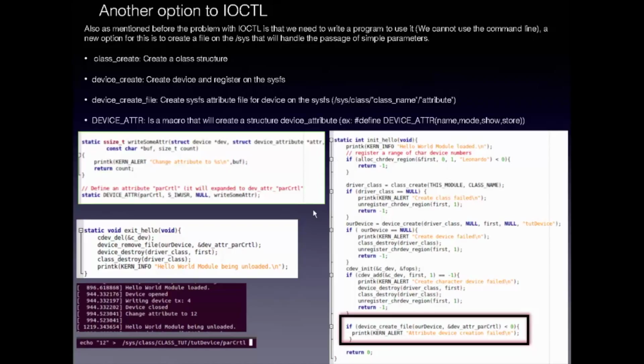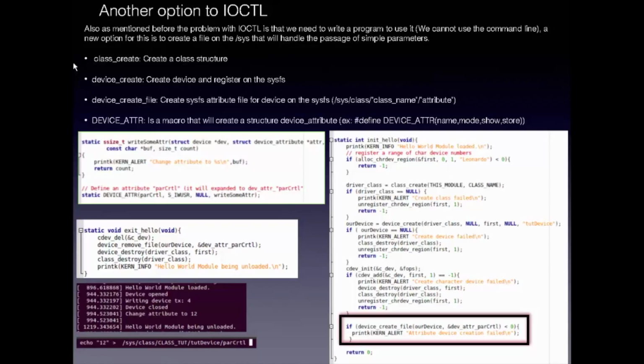And the advantage of this is that then you can use your command line. For instance, echo 12 to some parameter. So you don't need to have a program to test it, which is quite cool, and actually helps even more to hide the complexity of your device.